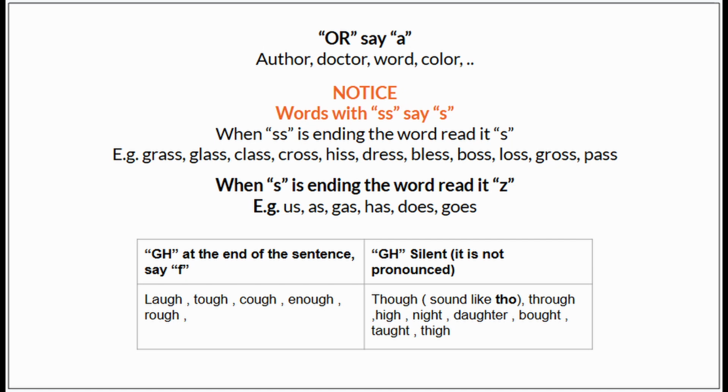We don't pronounce this G and H, but we pronounce only the I and the T that end the word. Night. Good night. Daughter. Bought, past tense of the verb to buy. Taught, past tense of the verb to teach. And thigh.